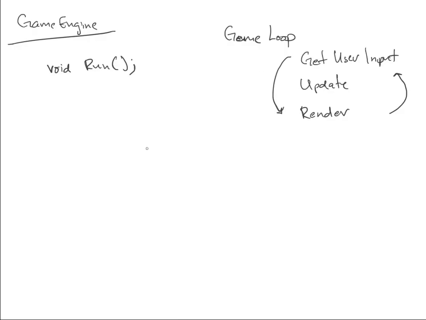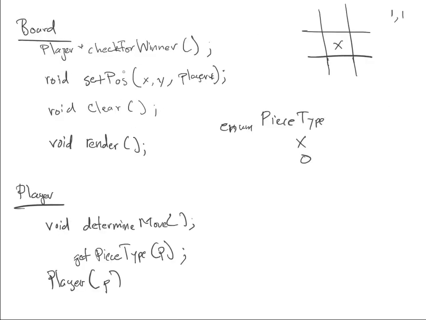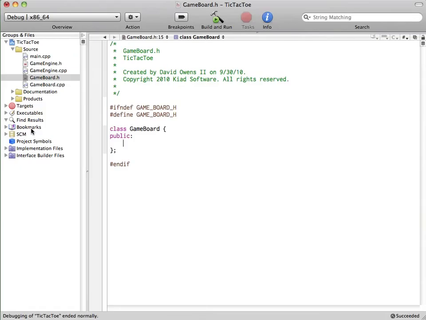If we jump back over to our whiteboard, you can remember we had a couple of pieces of functionality that we thought we were going to need, and one of them was render. The board should be able to know how to render itself.